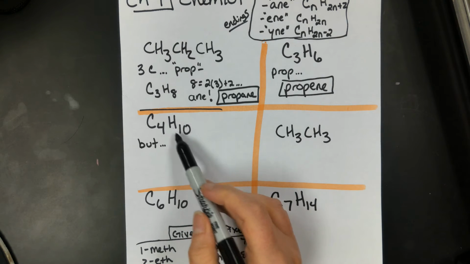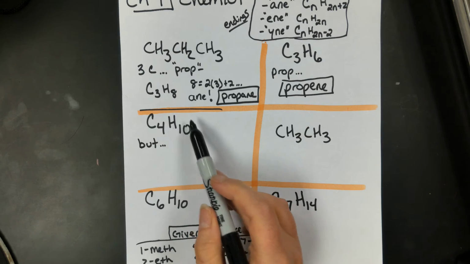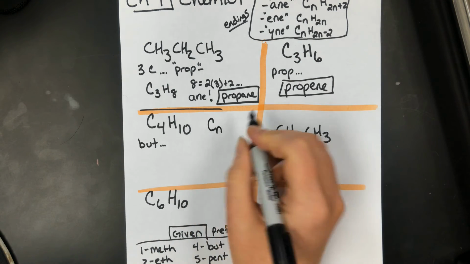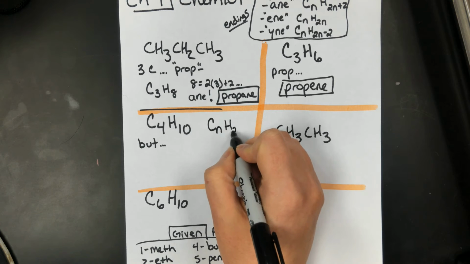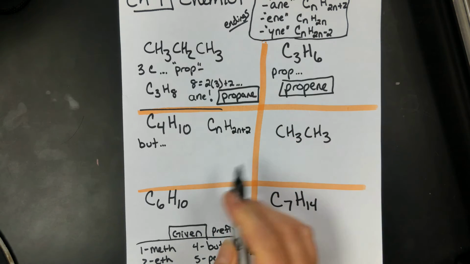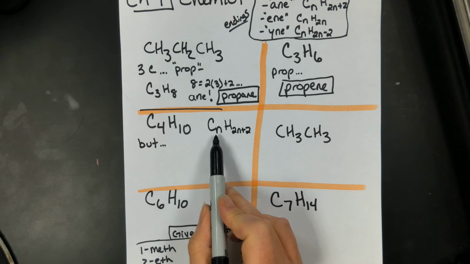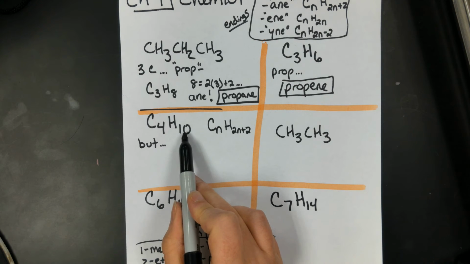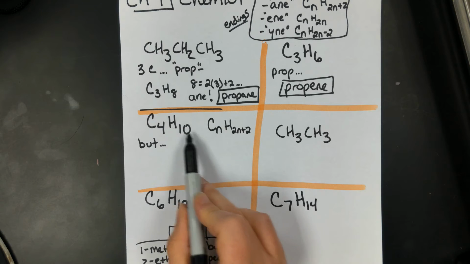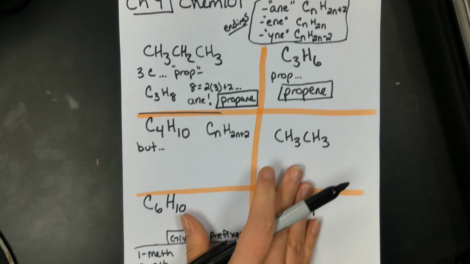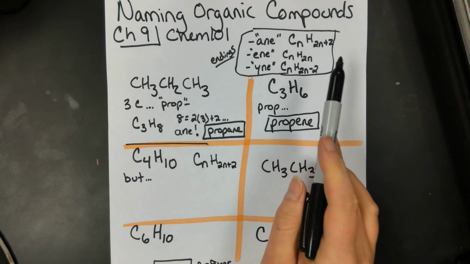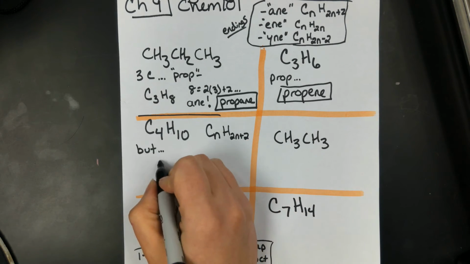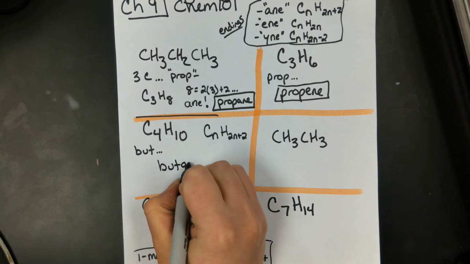It follows the formula of CnH2n plus 2. Hopefully you can see that. Because 4 times 2 is not enough, you'd have to add 2. It just so happens that 2n plus 2 is ane. So this is butane.